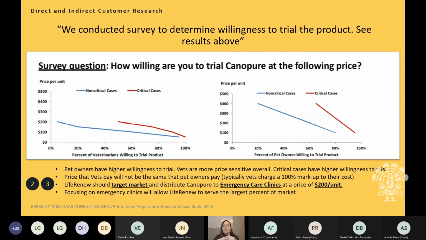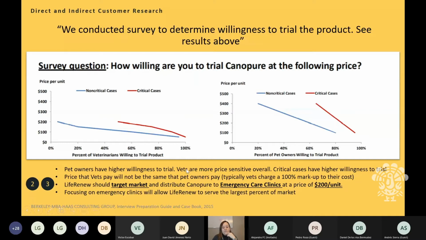So if you don't know the costs of your product or service, you can price it according to how the indirect customer will value it. As you can see here, almost 100% are willing to pay $100 for a blood substitute.